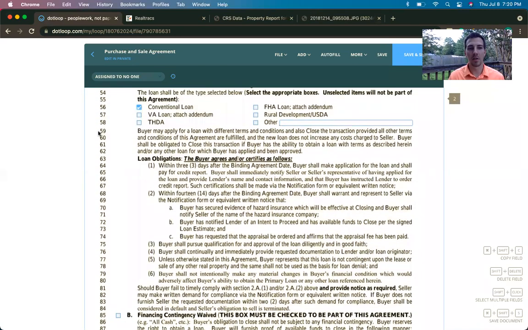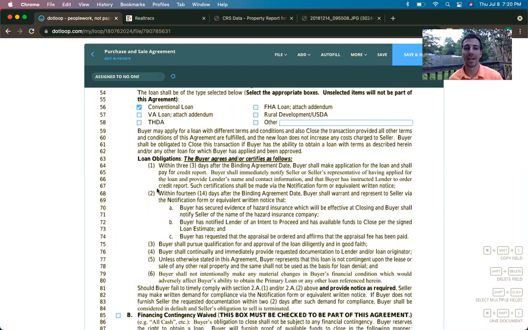Okay, and let me clear up lines 59 through 62. Buyer may apply for a loan with different terms and conditions and also close the transaction provided all other terms and conditions of this agreement are fulfilled. That is saying if the buyer has applied for a loan with the initial lender and they are denied, it does not mean the buyer has to go and apply with a new lender.